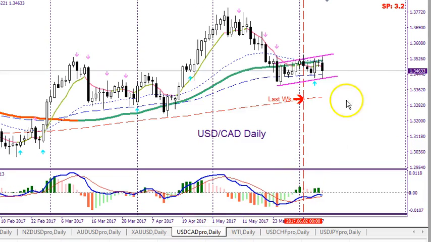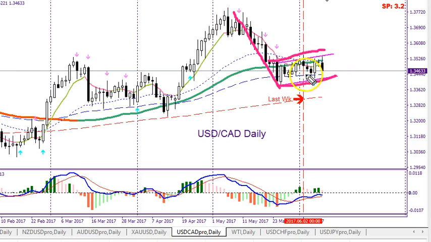Now we move to the US CAD, and I've mentioned this already in the last two previous videos. We are in a large bearish flag, upside down flag, and by that I mean, let me just draw that in. Here's the flagpole, okay? There's the flag.